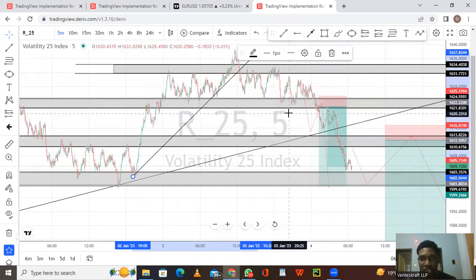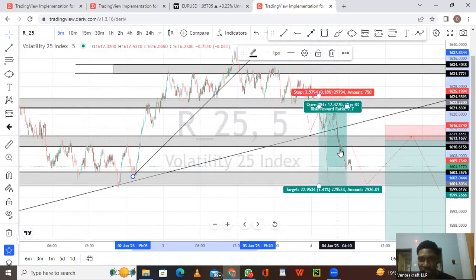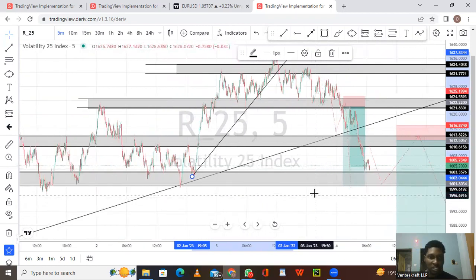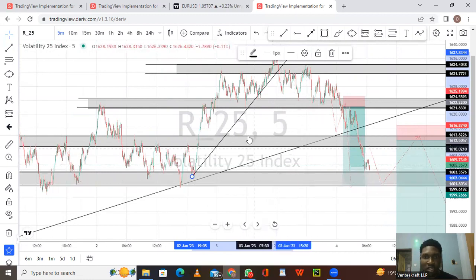Once price breaks the structure and comes to retest, just as I have indicated by this arrow, I took my sell all the way from this point, and we are almost at our first TP zone. So this is why the fractal nature of price and structure is really important.